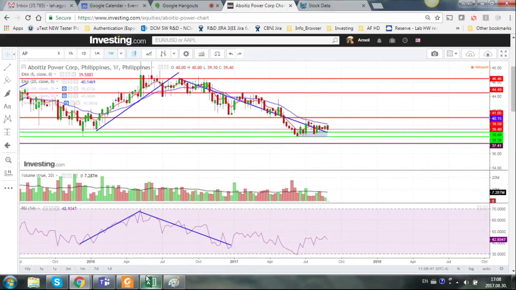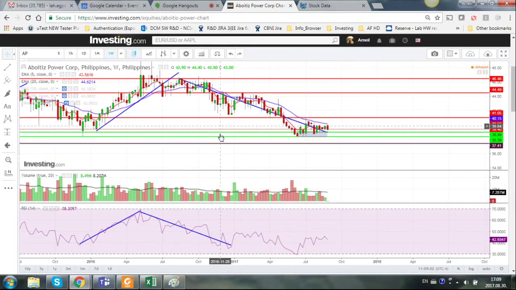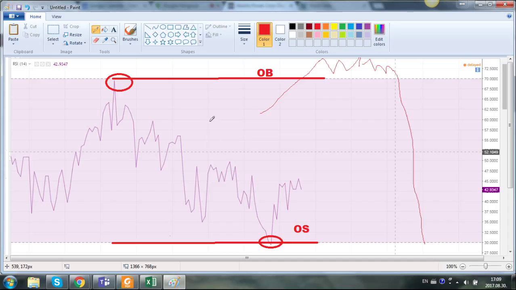So, yung ibig kong sabihin dito, it can happen na taas pa at tumataas pa at medyo mabagal muna bago pa bumaba. Same also with the lower point.